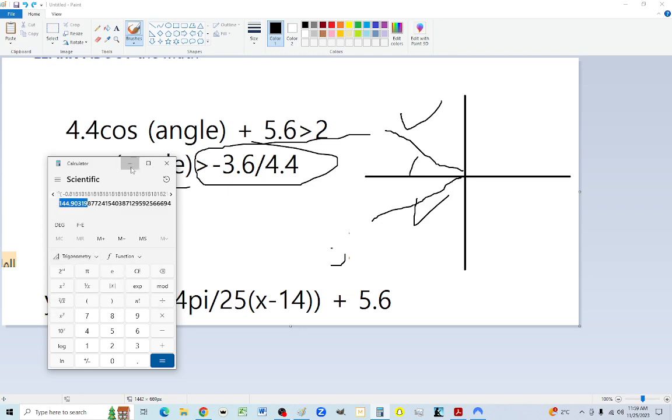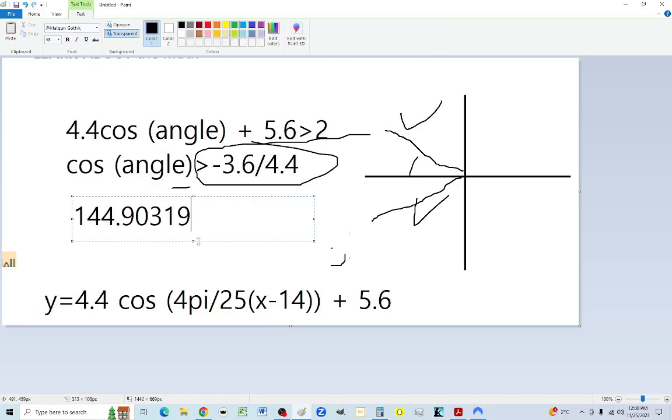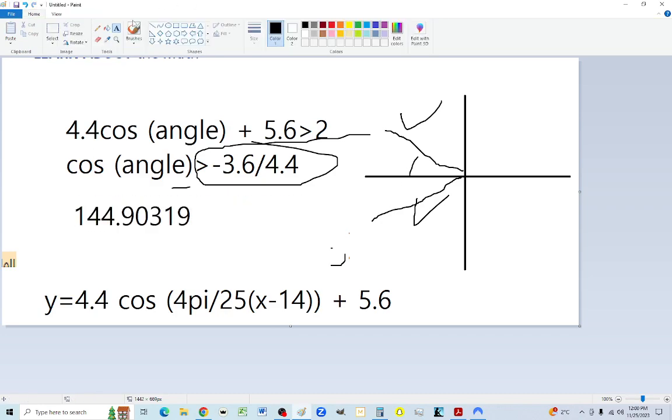We're going to work in degrees just for simplicity. It's going to tell me the angle is roughly, let's call that 145 just for simplicity's sake. I know it's not, and I don't like to round this high, but let's call it 145. That means this acute angle here is 35, which means the other angle over here is 35 plus 180, or 215.